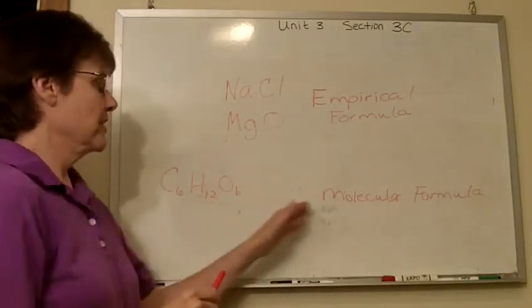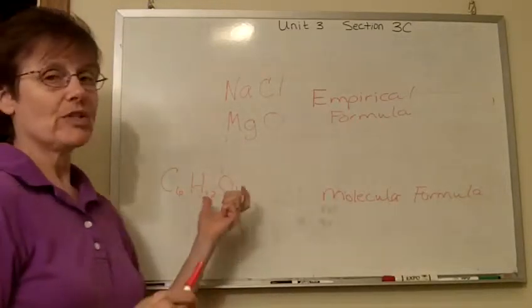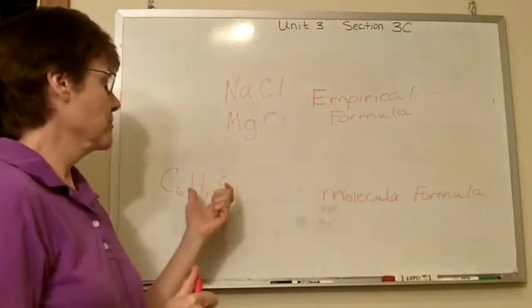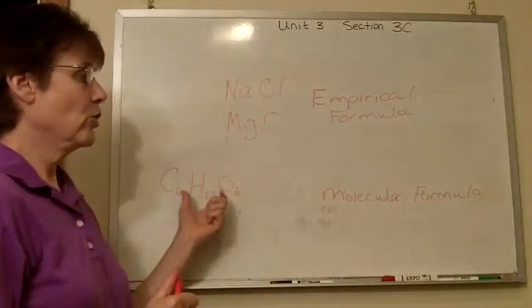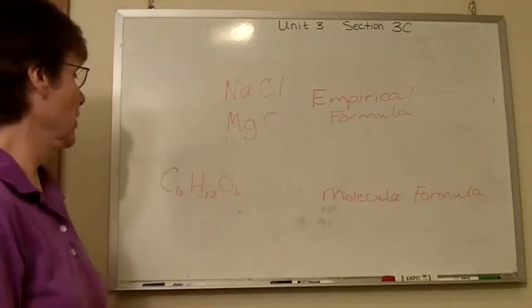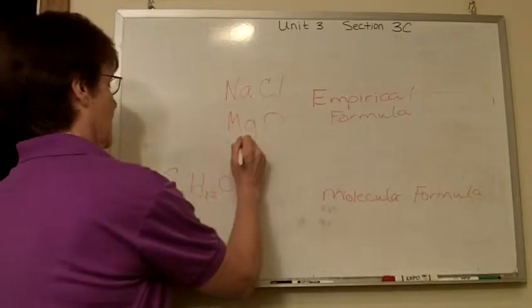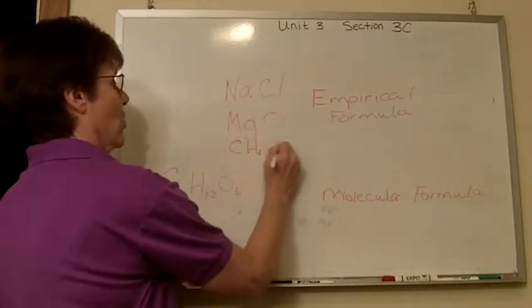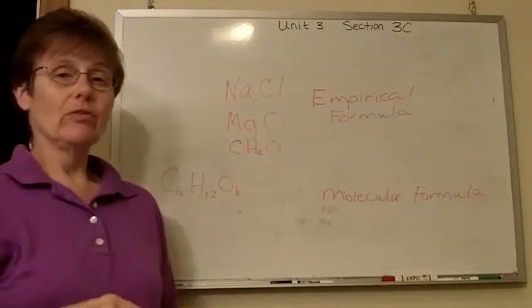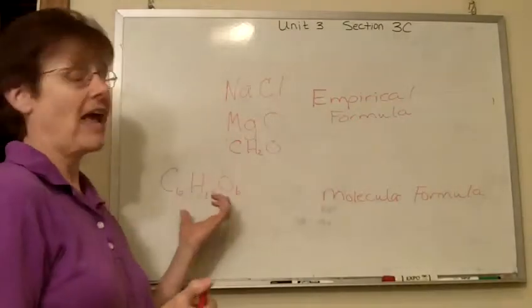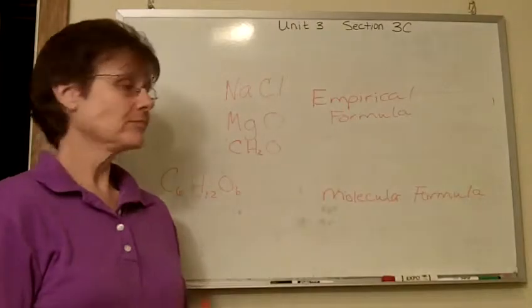So this formula is a molecular formula because it shows us exactly the number of atoms that are in the molecule, but it's not an empirical formula. We can write an empirical formula. We can do the lowest whole number ratio, and it would be CH2O. So that's an empirical formula that we can write, but it doesn't give us very much information because it doesn't tell us the actual number of atoms.